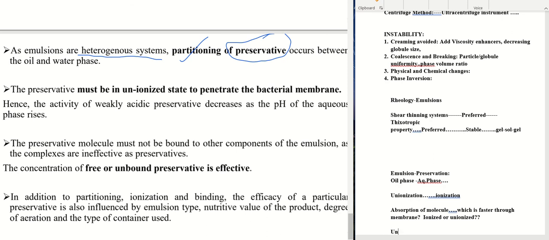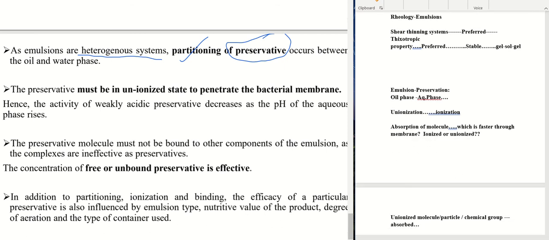It is the unionized molecule, or the particle, or the chemical group that will be absorbed, right?